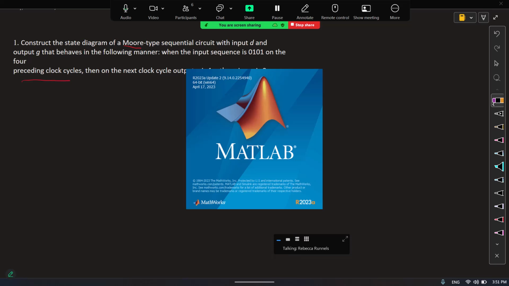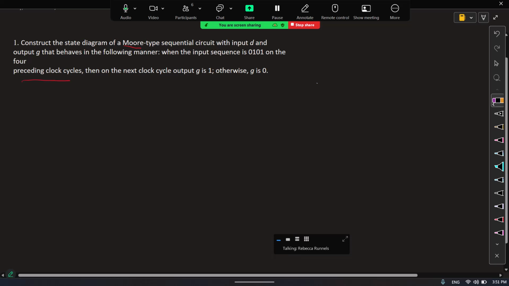Okay, so if you just ignore the MATLAB in the middle of my screen here, it says that on the previous 4 clock cycles, we got a 0, 1, 0, 1.